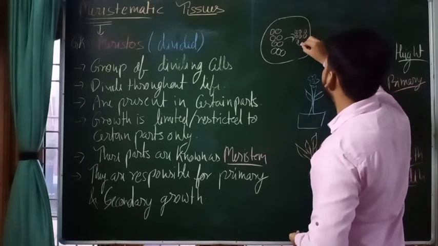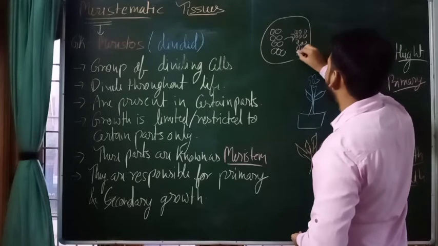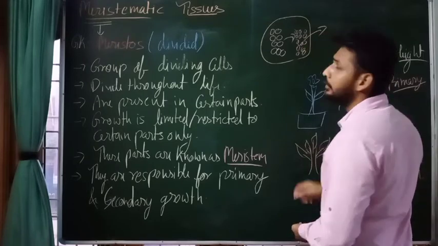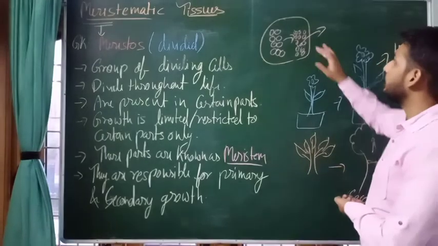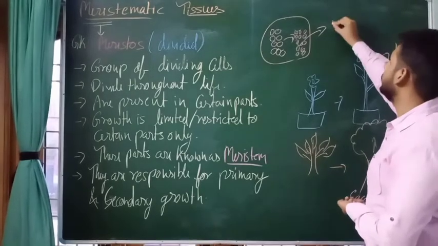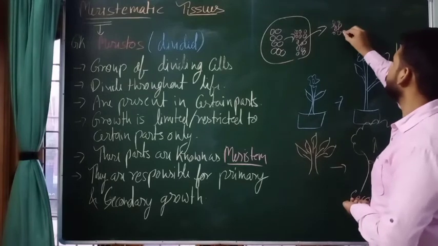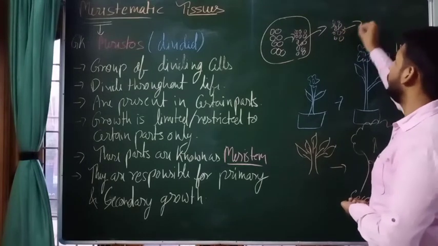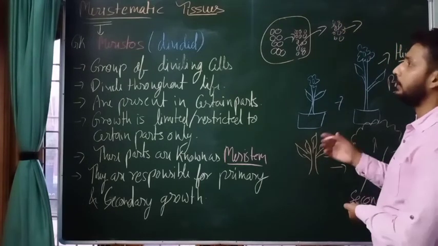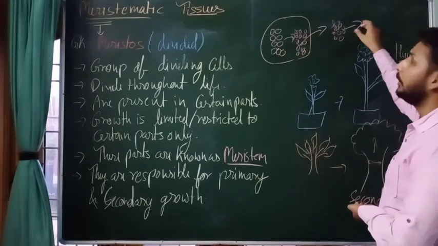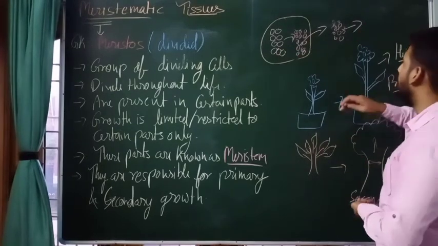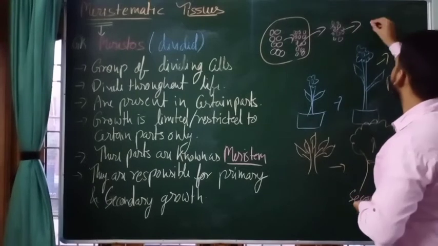These cells are divided into new cells, and they are also left with certain cells which do not divide further. The cells which do not divide further and are derived from meristematic tissue are known as derivatives.